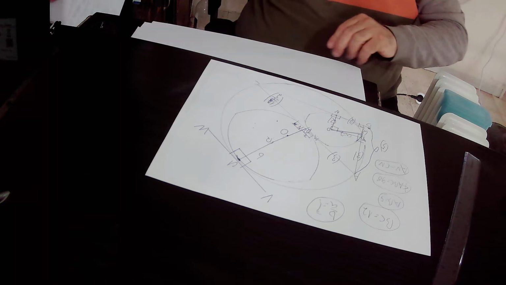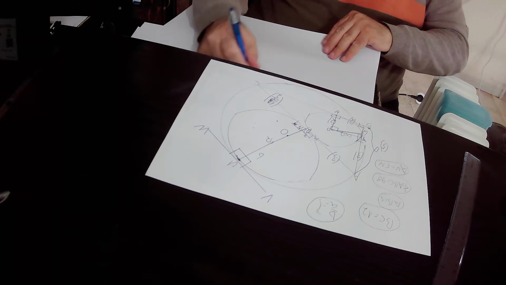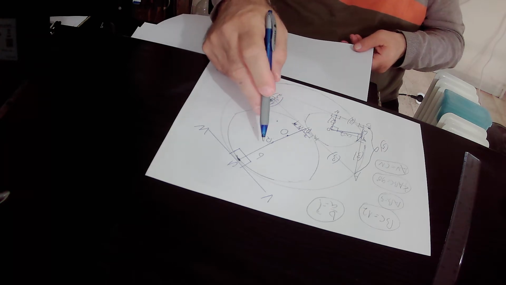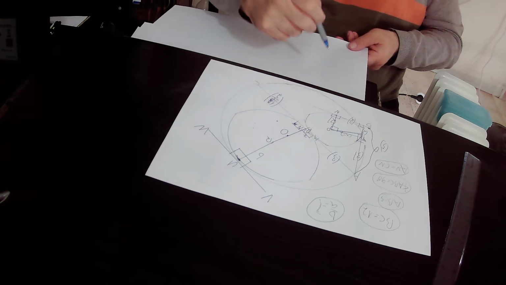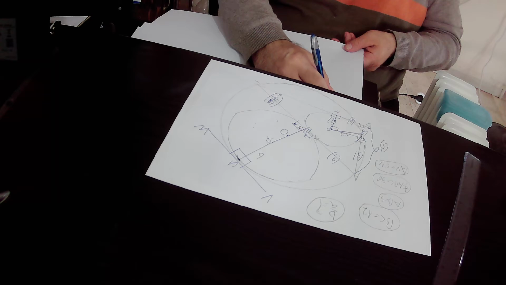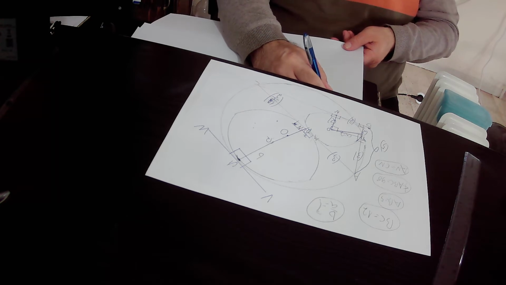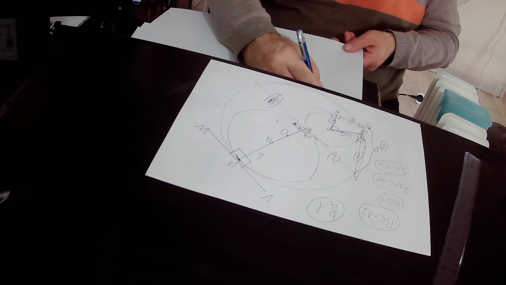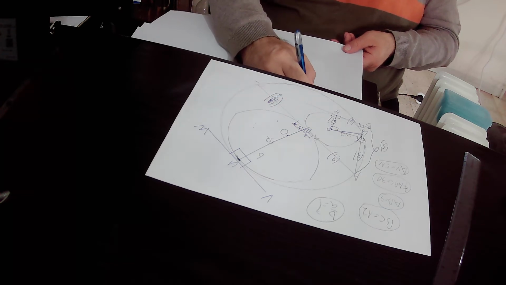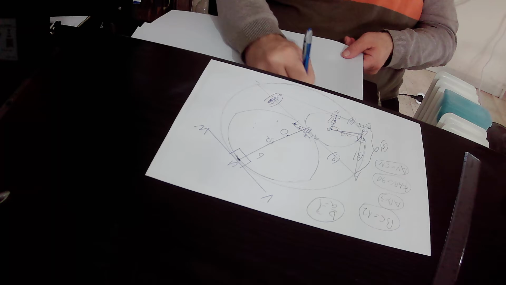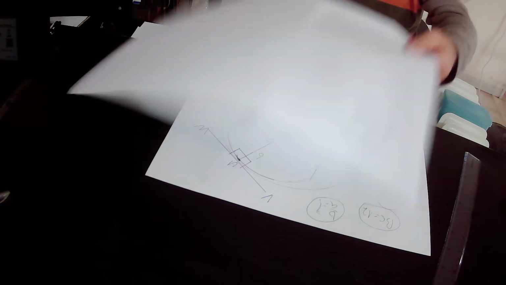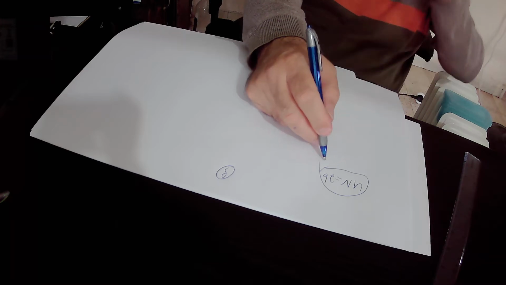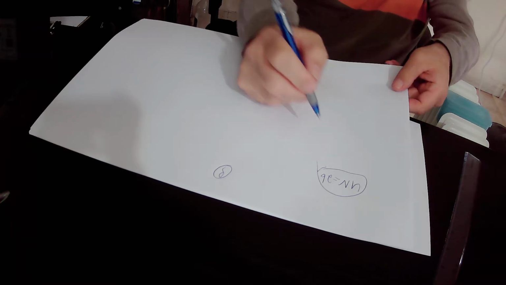And we also know that the diameter of any circle is twice as long as the radius, and the radius of this circle is b. Therefore, the diameter UN must be equal to 2b. UN equals 2b units in length.